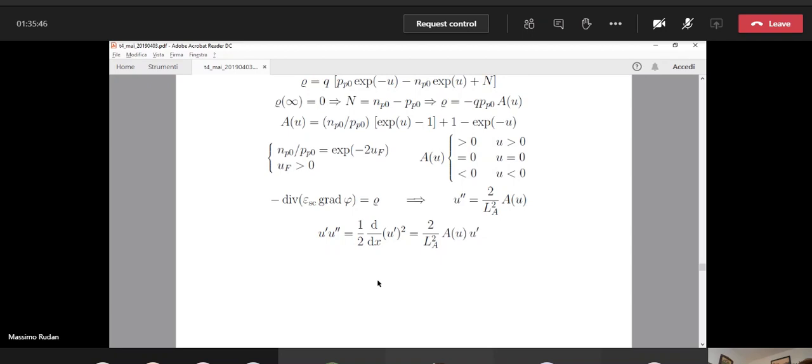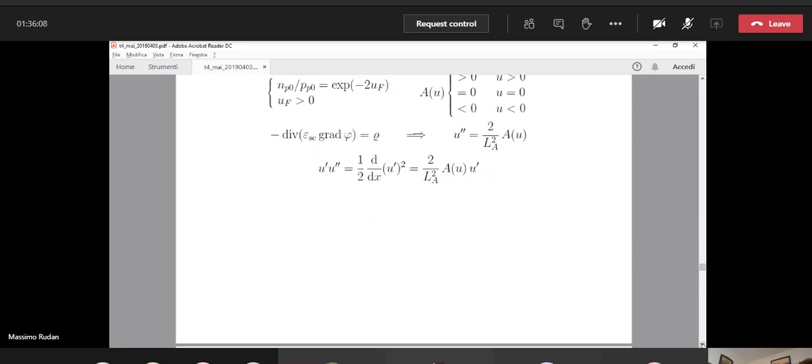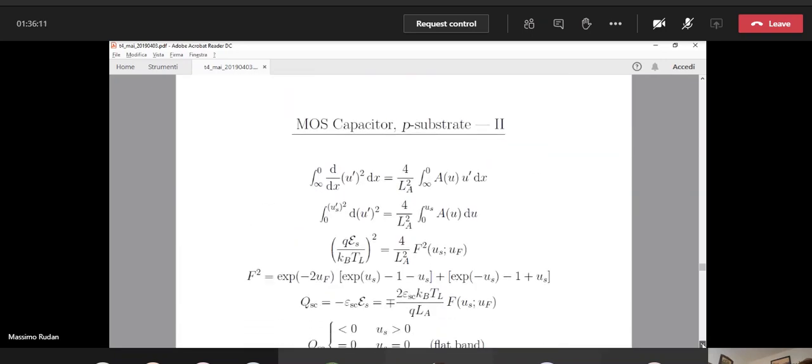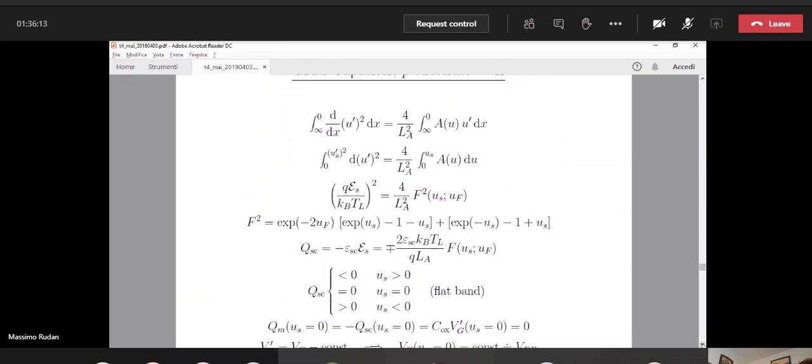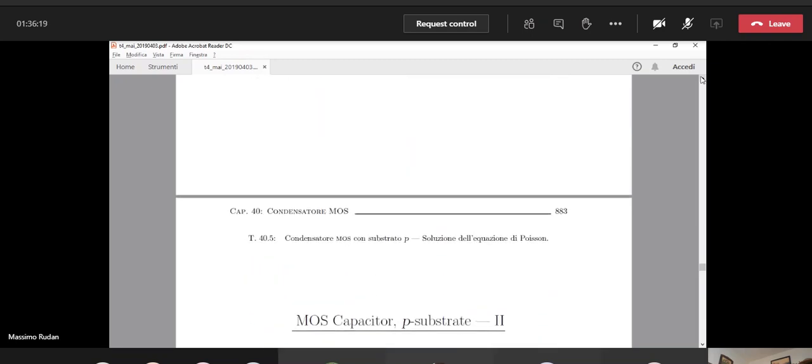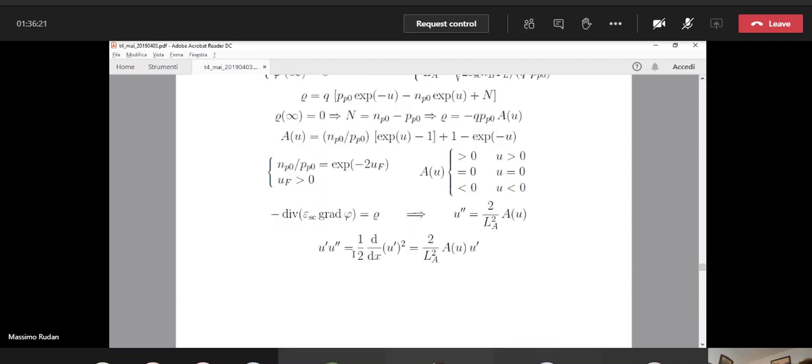The right-hand side becomes 2 over LD squared times A times u prime. And this is also integrable immediately, as we shall see in the next page, okay? So by this trick, multiplication by u prime, solving the equation at least once is an easy method. So we just integrate both sides from infinity to 0, okay? Before we do that, you see this 2 factor here goes there and becomes 4.